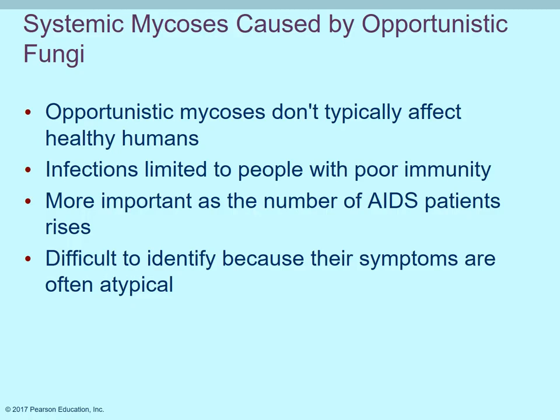Opportunistic mycoses usually don't affect healthy individuals. Usually you have to be immunocompromised in some fashion in order to get these. Unfortunately, what we see is a lot of AIDS patients developing these systemic mycoses by opportunistic fungi because their immune system is compromised.